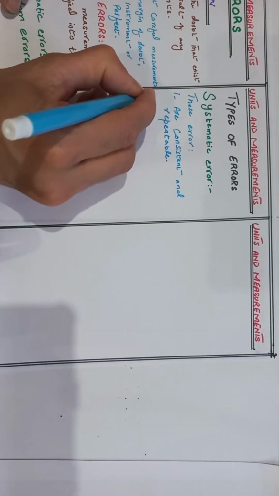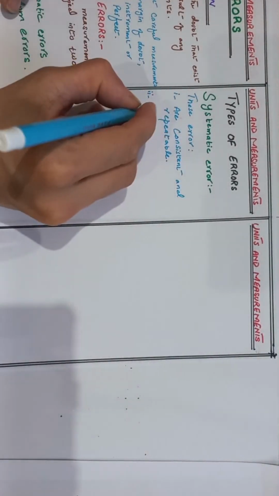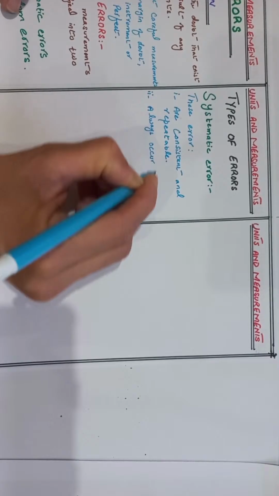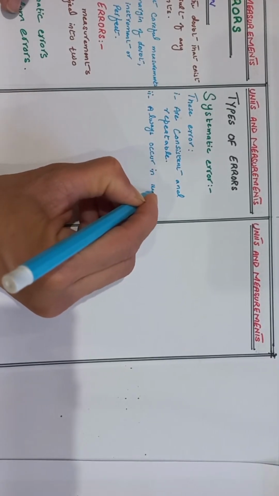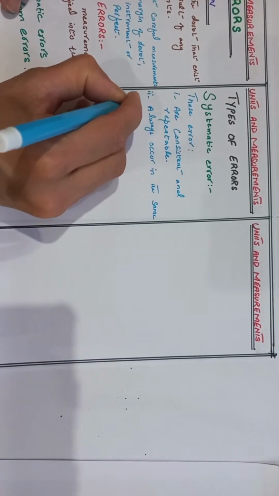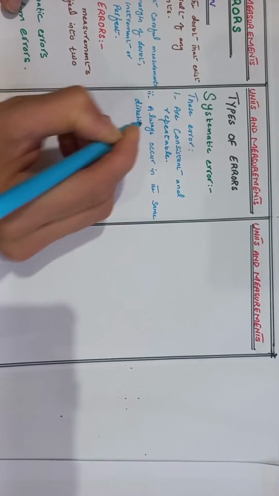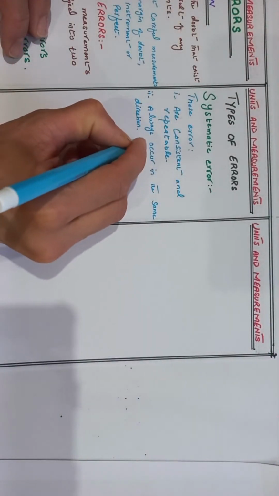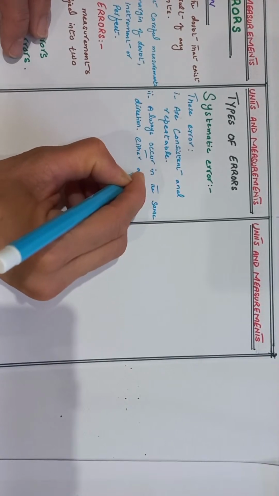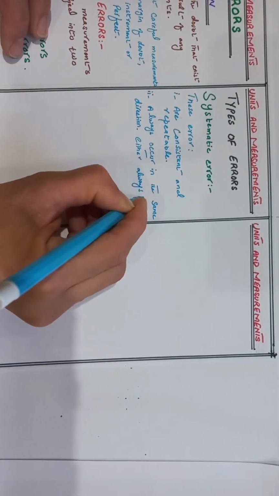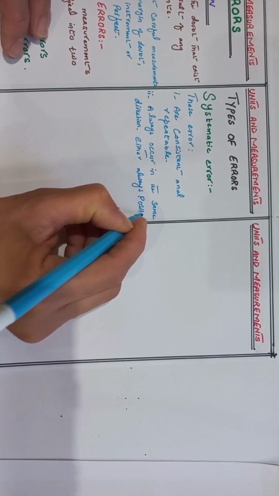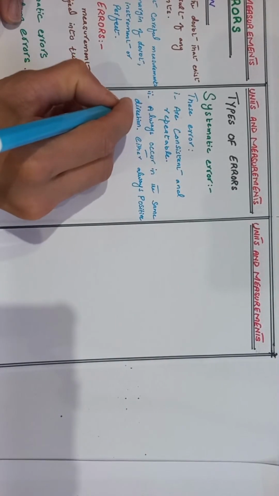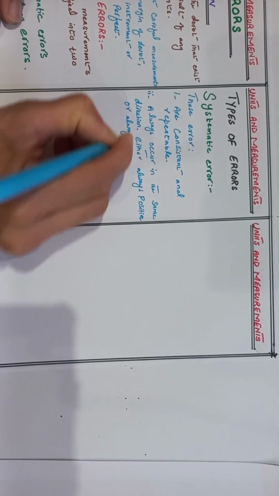Second point we write of the systematic error: always occur in the same direction, either always positive or always negative.